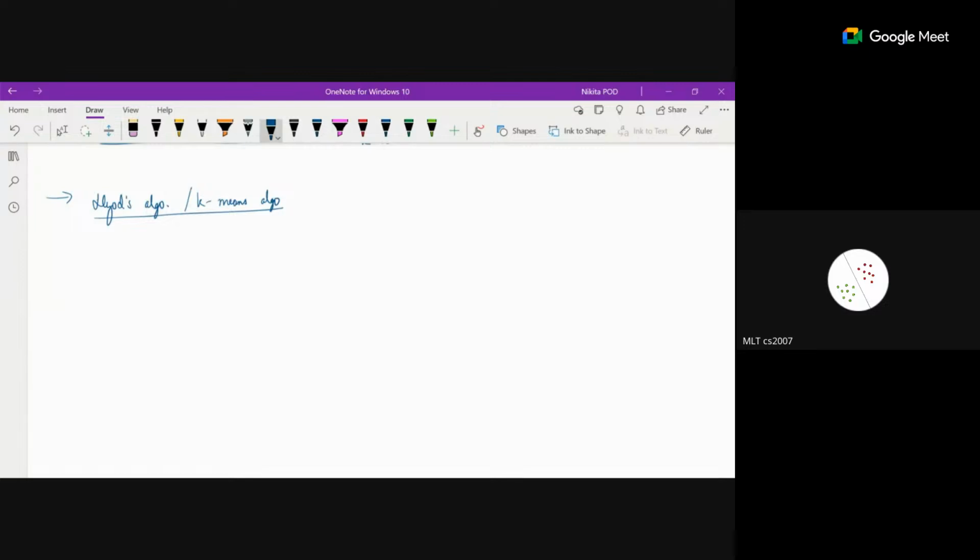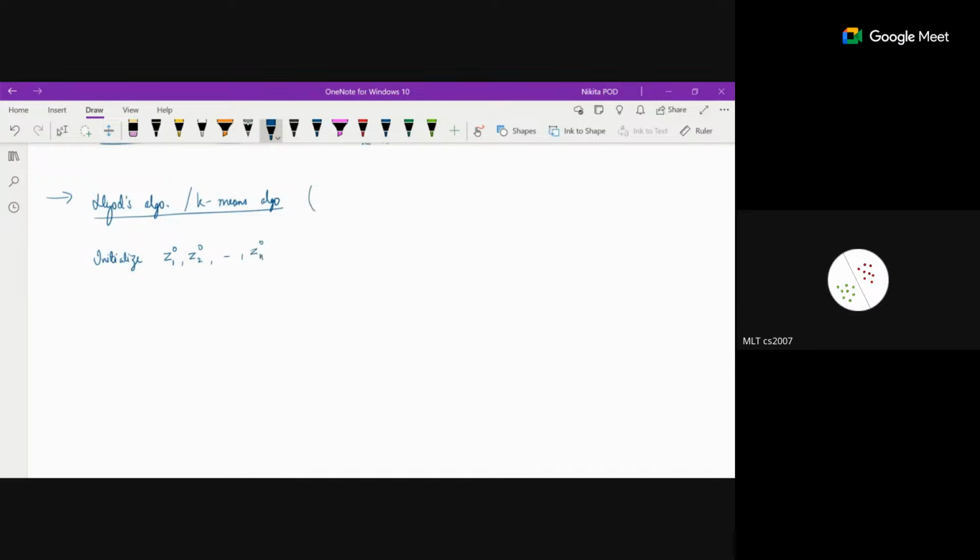But before we go to the steps, you should first initialize your z1 naught, z2 naught, and so on till zn naught.